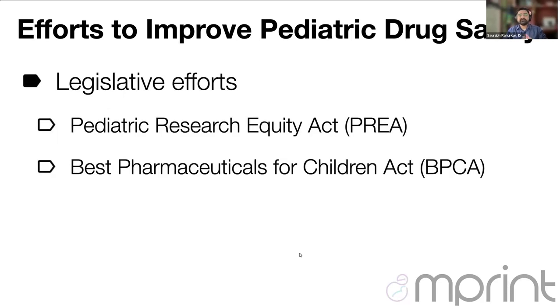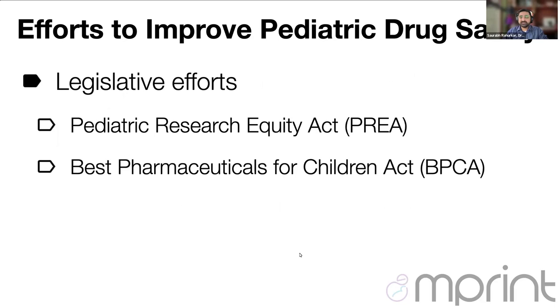So there have been some efforts to address pediatric drug safety. From the regulatory perspective, we had two key efforts. There's the Pediatric Research Equity Act, PREA, and the Best Pharmaceuticals for Children Act, BPCA, which were designed to close evidence gaps. PREA mandates pediatric studies, but only when the drug's indication has a pediatric analog.